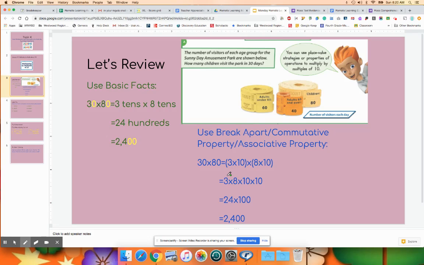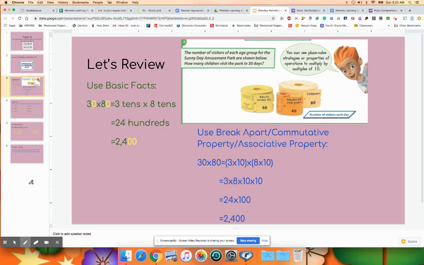So I take the 3 and the 8 first, and then the 10 and the 10. If I multiply first the 3 times 8, I get 24. And if I multiply the 10 times 10, I get 100. And then I can multiply 24 times 100, which gives me 2,400.